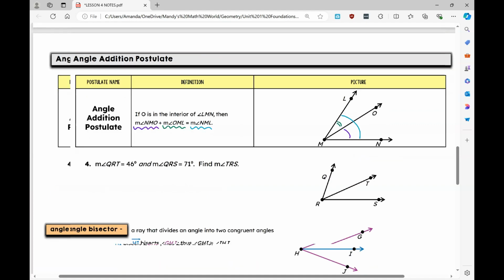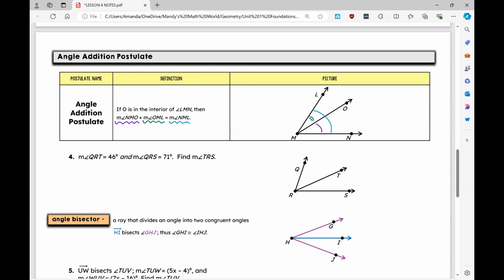So that's the angle addition postulate. I can add those two angles that are right next to each other, and I'll get the measure of the entire angle.